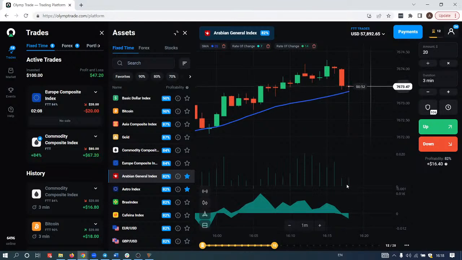The 14 rate of change is above the 0 line, the middle line, and the 7 rate of change is below the 0 line. Now, the problem is that we have 2 signals that point upwards, and then the third layer of confirmation points downwards. In this case, you don't want to open a trade because the signal is called an unclear signal. So the signal is not clear, right?